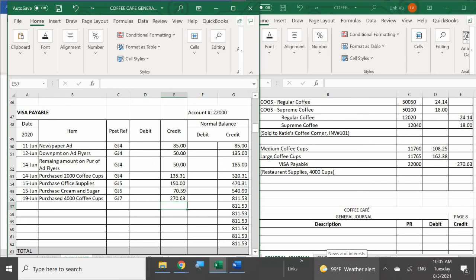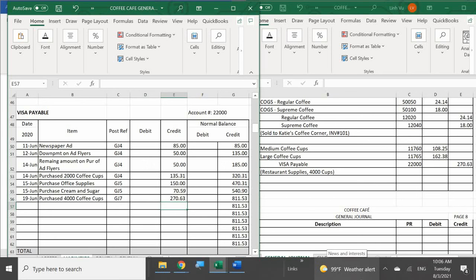We will use those coffee cups towards the end of the accounting period, and we will calculate how many cups we used.